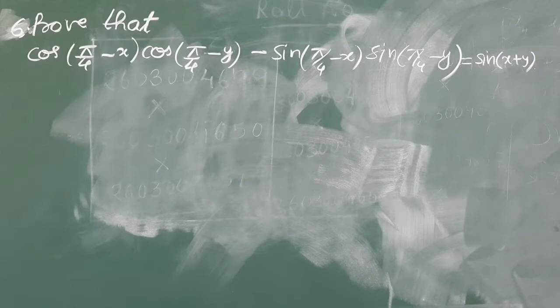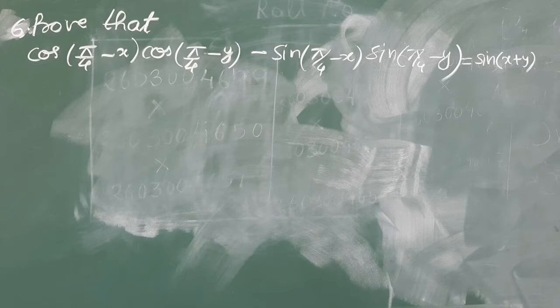Now question number 6. Prove that cos(pi by 4 minus x) into cos(pi by 4 minus y) minus sin(pi by 4 minus x) into sin(pi by 4 minus y) is equal to sin(x plus y).